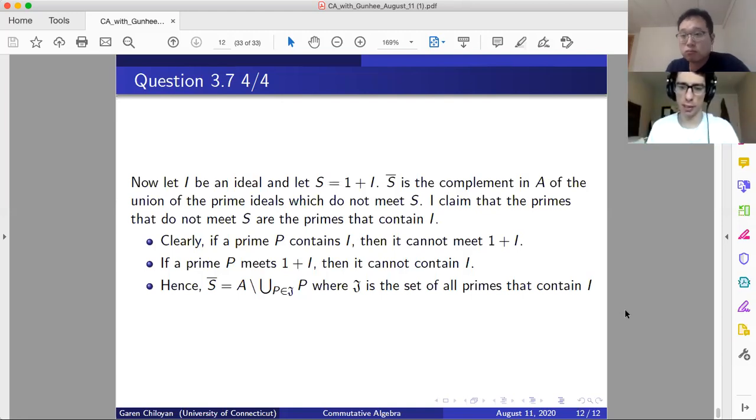If a prime contains I, then it cannot contain anything of the form 1 plus I, because then you'll have 1. And if a prime P meets 1 plus I, then it cannot contain I, because then it will contain 1. Again, you can't have a prime ideal that contains 1. So that means the saturation of S is the complement in A of the union of all the primes which do contain I. And that's it. So that's the saturation of 1 plus an ideal.